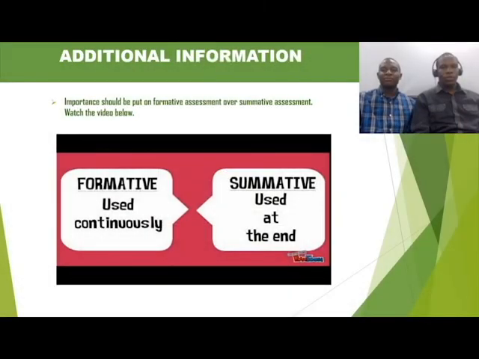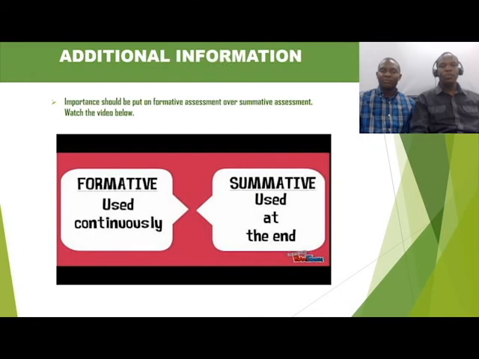After watching these two videos, we see the paramount importance of formative assessment over summative assessment. So since our desired learning goal is understanding, teachers should lay emphasis on formative assessment over summative assessment.